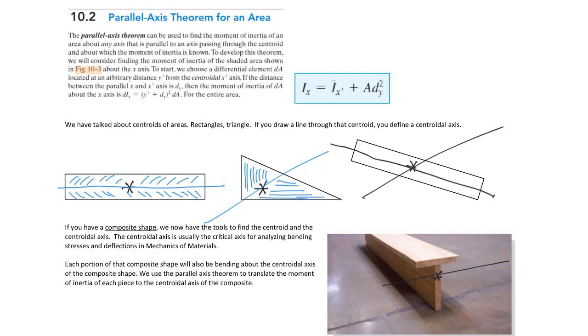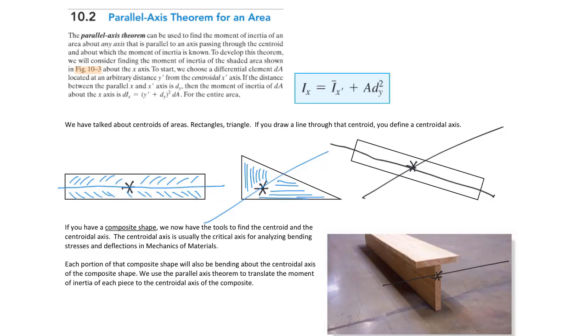What we don't have, though, is a tool to figure out the moment of inertia. We know that the moment of inertia of a rectangle is bh cubed over 12 about its individual centroidal axis. But about this axis, we have to use another tool called the parallel axis theorem. What it says is that the moment of inertia about any other axis is the moment of inertia about its centroidal axis plus the area of the object times d squared.